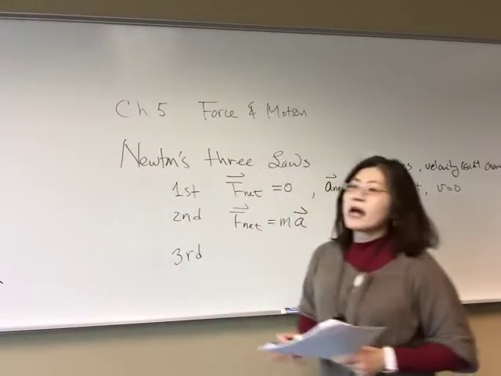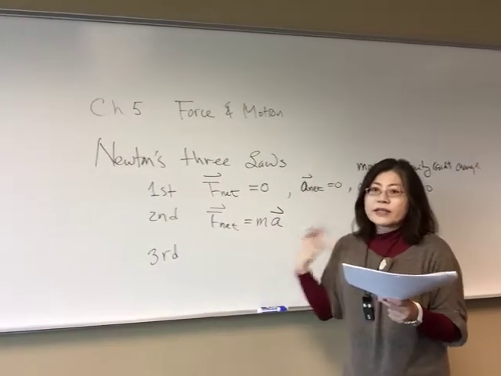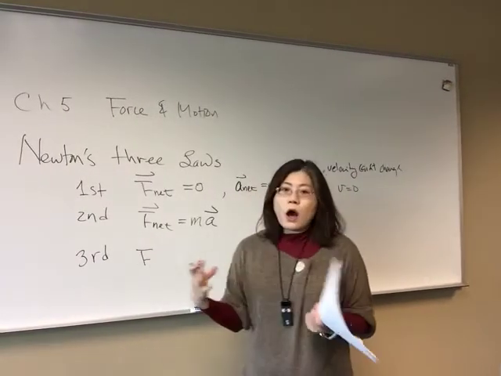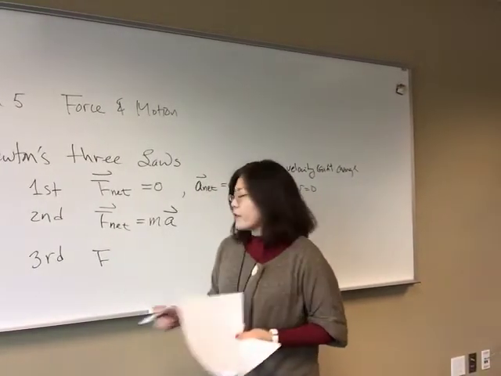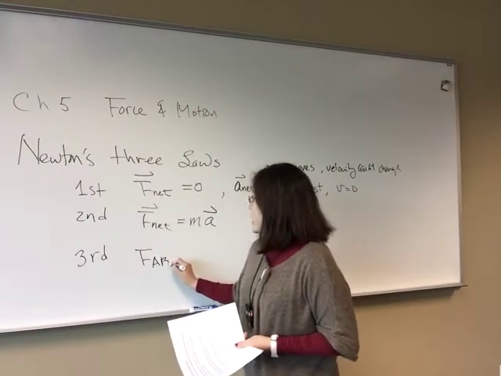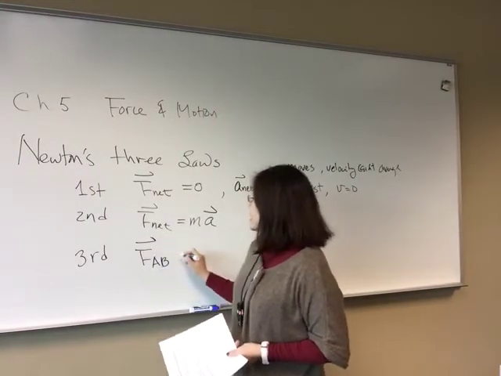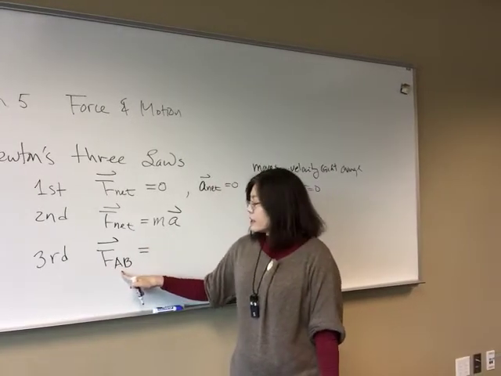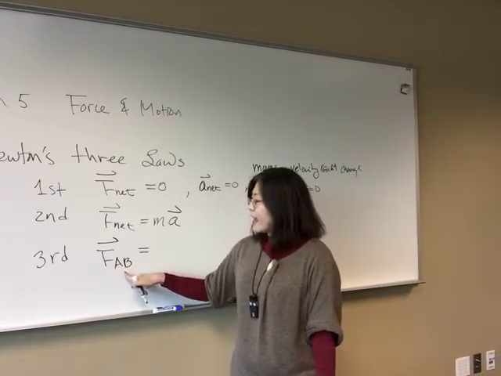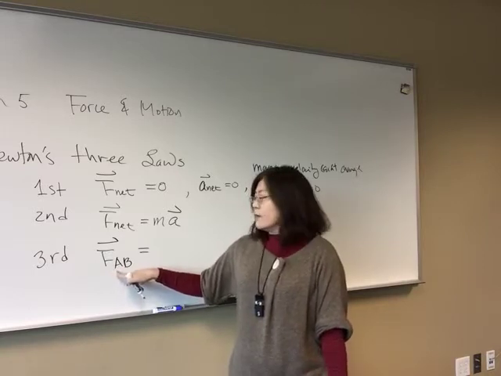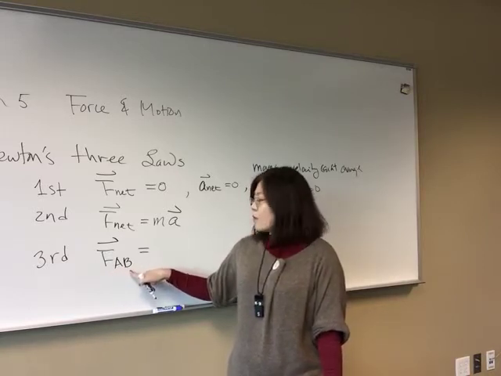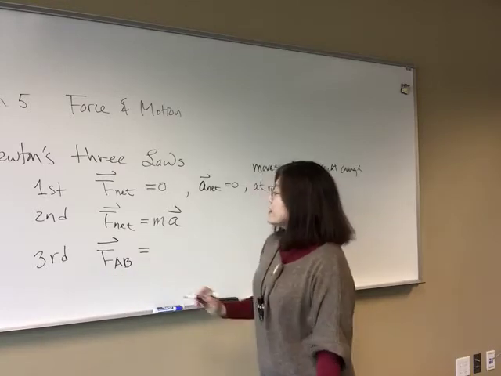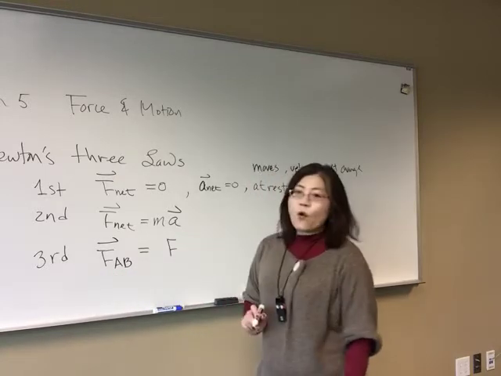Newton's third law says that within an isolated system, if there are two objects exerting forces on one another, let's say objects A and B, the force acting on the object. So if you look at the subscript, this reads the force acting on object A by object B. So in other words, object B exerts force on object A. What he found is that this becomes a force pair.